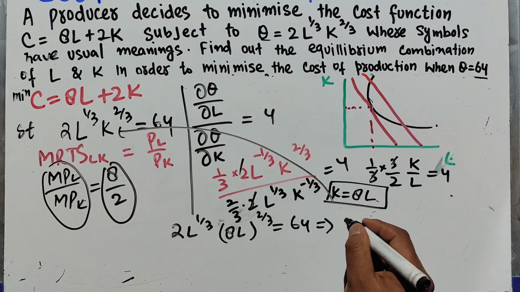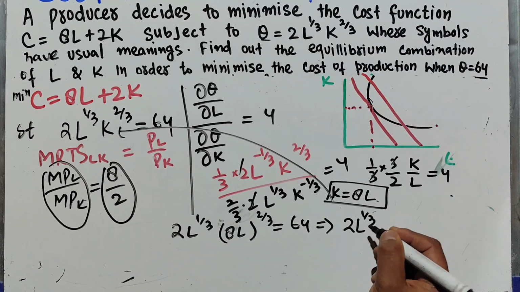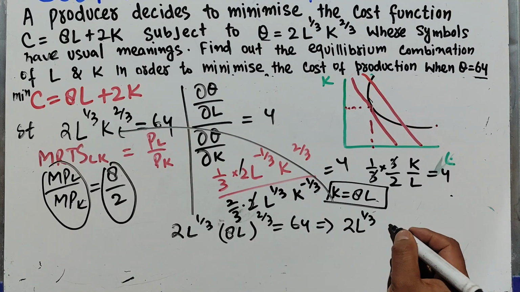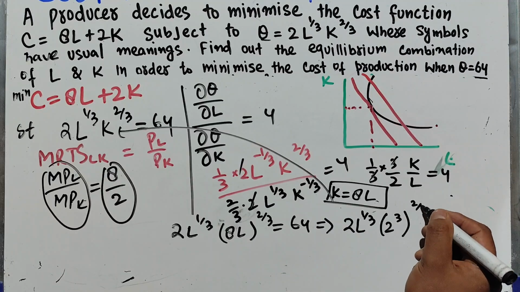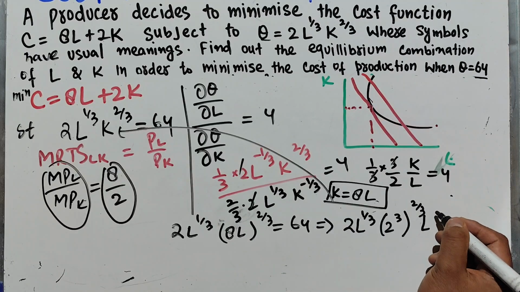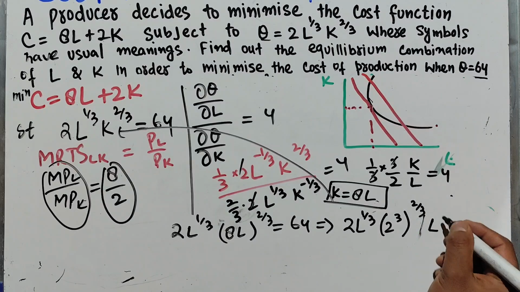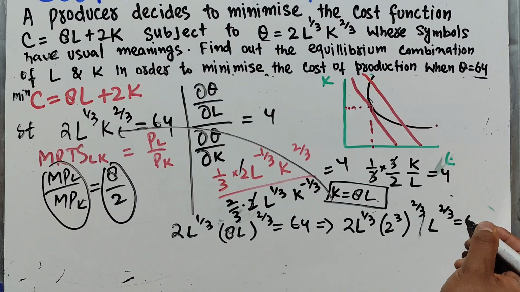In place of 8, can I write 2 cube? Then expanding this, we have 2^2 and L^(2/3) should be equal to 64.